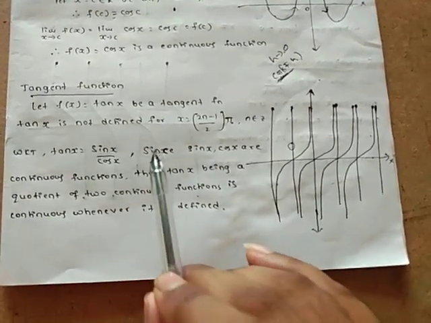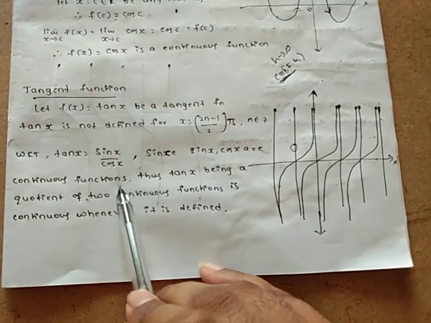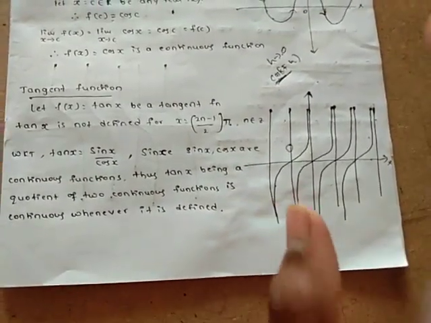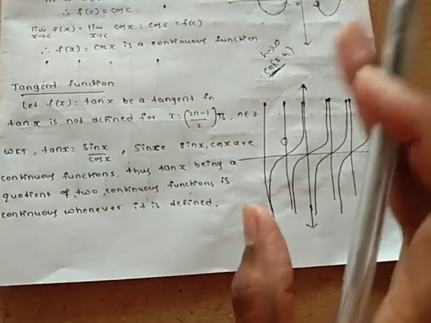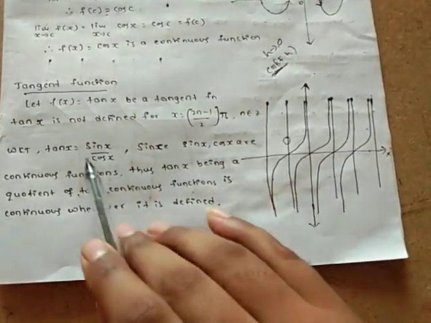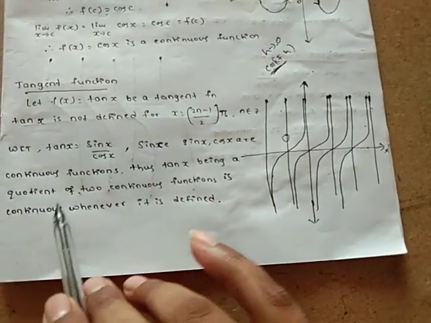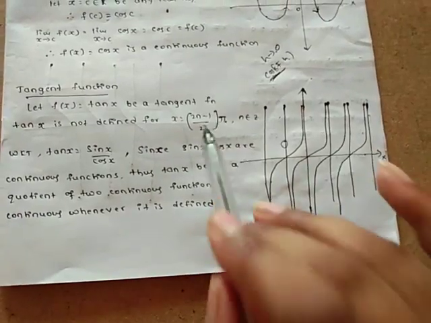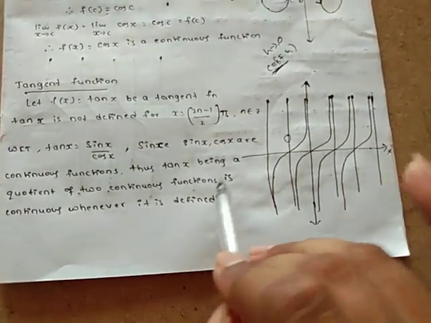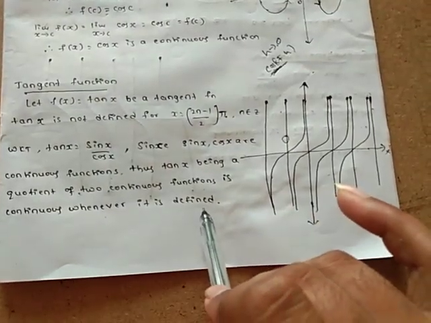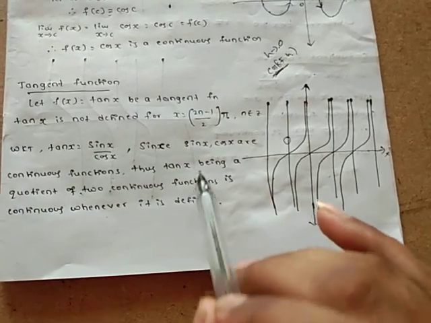Since sin x and cos x are continuous functions, as we mentioned a few minutes ago, and by observing the graph itself we can say that sin x as well as cos x are continuous functions. Being a quotient of two continuous functions, tan x is continuous whenever it is defined, that is, wherever tan x is defined.